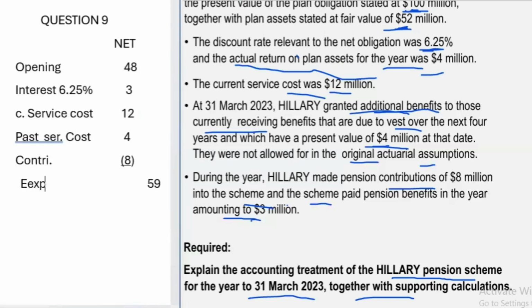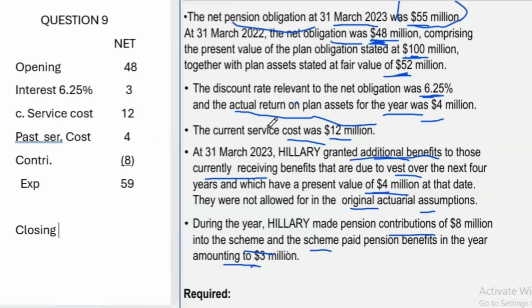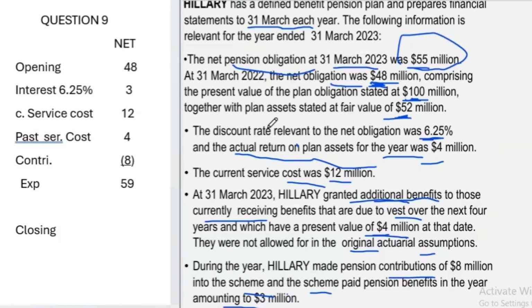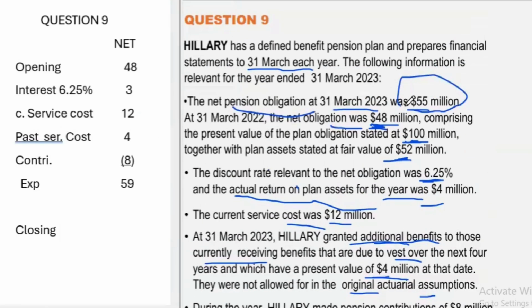Now let's compare the expected value 59 with the closing balance. So let's check the closing. We've been given the closing in the question. I hope you can see the closing. It's 55 million.